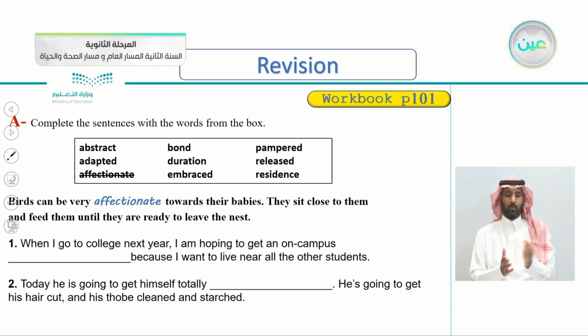So number one, when I go to college next year, I'm hoping to get an on-campus word here because I want to live near all the other students. Notice the key word here, live.